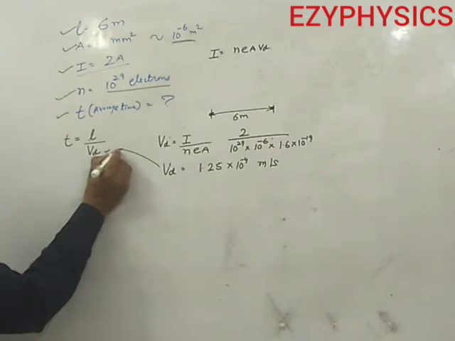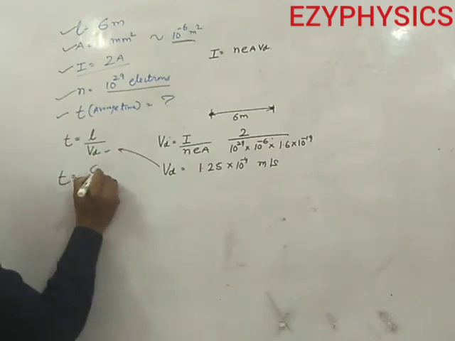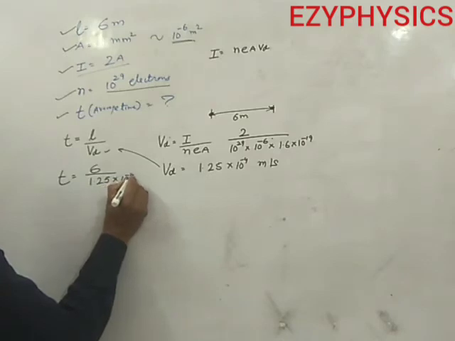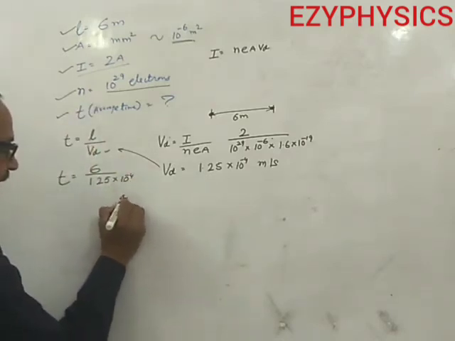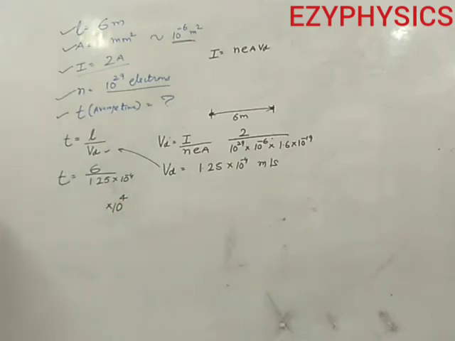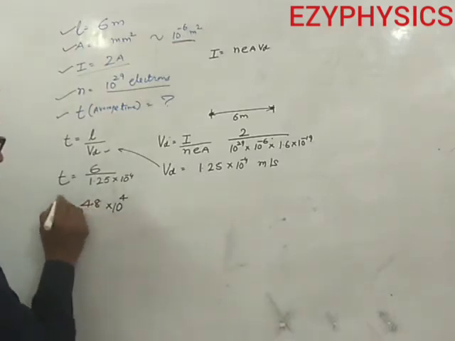Now this value you can put here, and finally what you will get? T is equal to 6 divided by 1.25 into 10 raised to the power minus 4. This will come up. You will get 10 raised to the power 4 into, and when you divide 6 by 1.25, you will get 4.8.